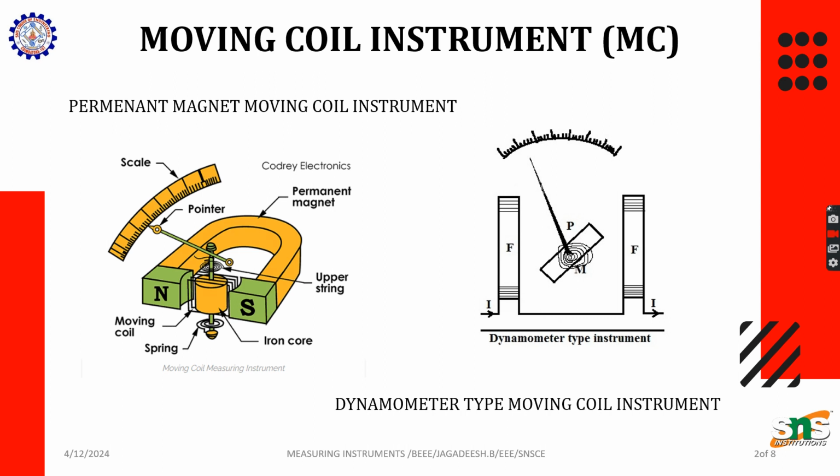As we saw in the moving iron, here the construction of a scale is given for measuring the value, and the pointer is given. The pointer just moves and shows the exact value on the scale. Instead of an electromagnet, the moving coil instrument has a permanent magnet with a U shape, which has a north pole and a south pole.